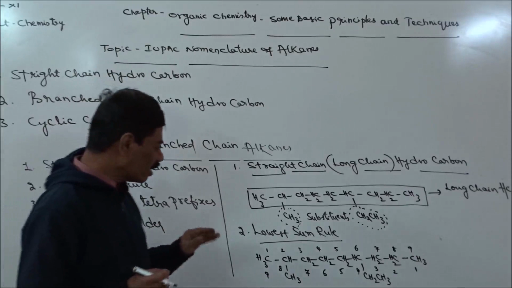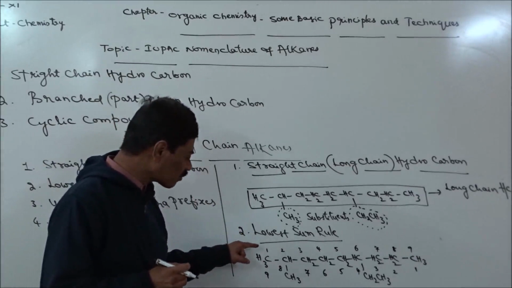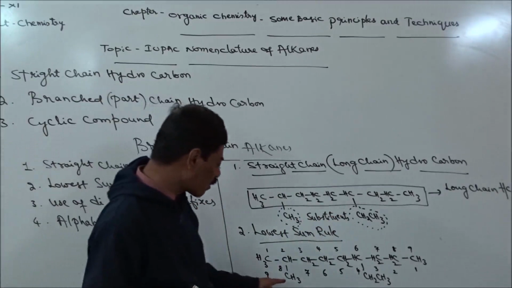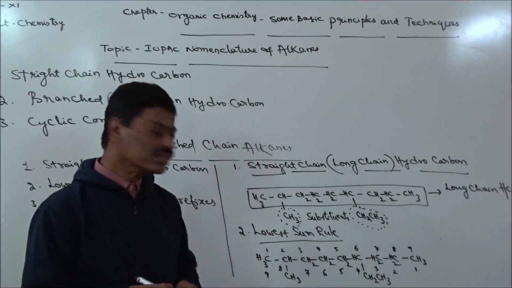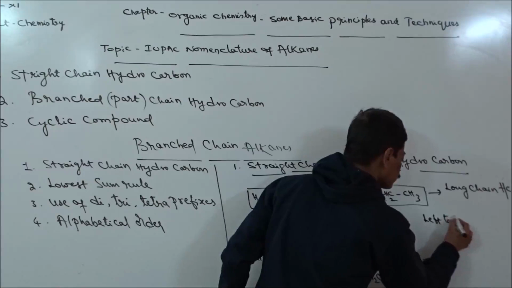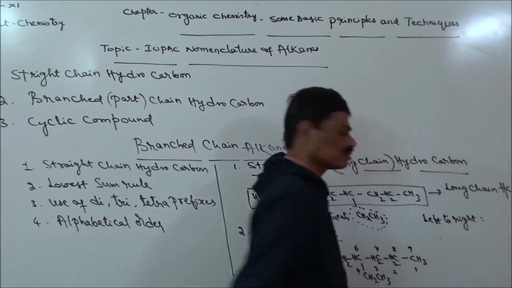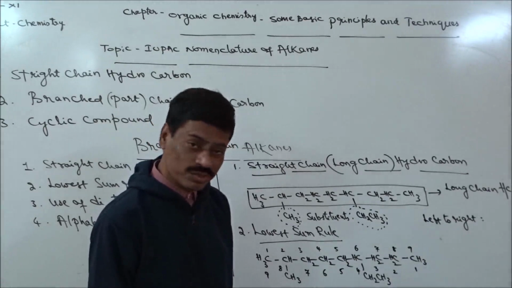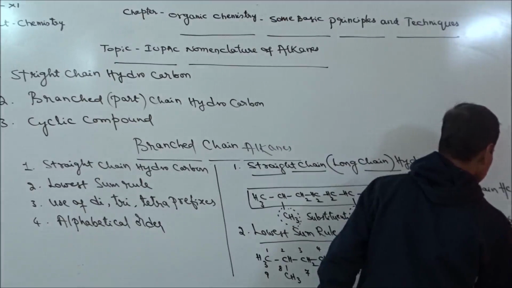Now, see, in the same compound, case 1, I have given numbers from left to right. Altogether 9 carbon atoms are there and positions of these branches are 2 and 6. When numbers are given left to right, the sum of the positions of the carbon atoms to which these substituents are connected is 2 and 6, so that is equal to 8.